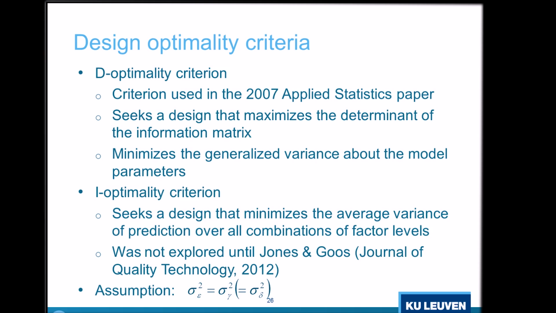Now, regarding D and I-optimal designs, there's one technical note I have to make, and that is that D as well as I-optimal designs depend on the V matrix. More specifically, D and I-optimal designs depend on the relative magnitude of the variance components, of the variances of the random effects. Now, what we found in our research was that it's generally a good idea to assume that all the variance components in your model have the same size.